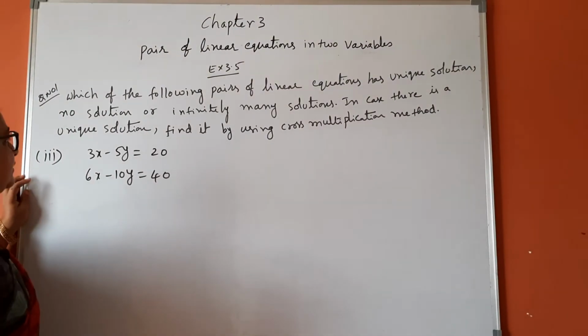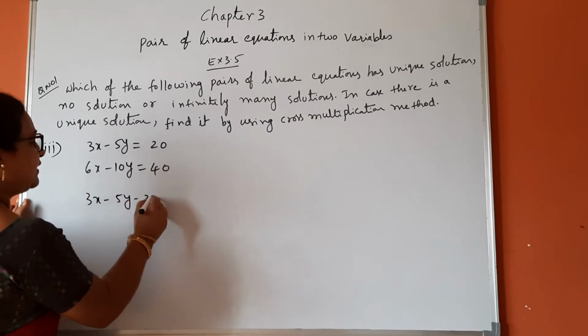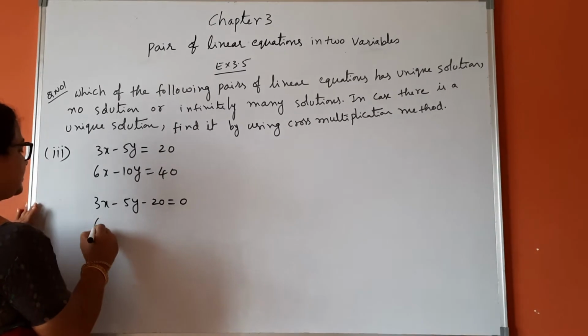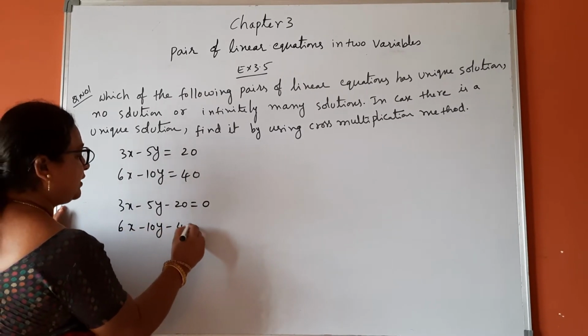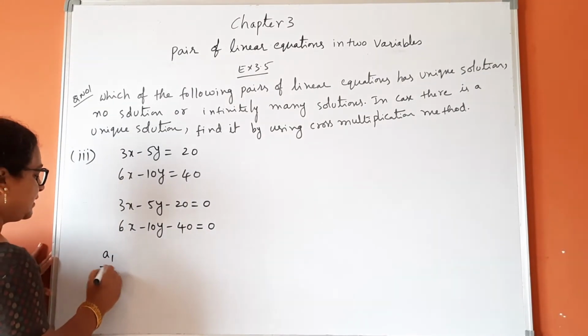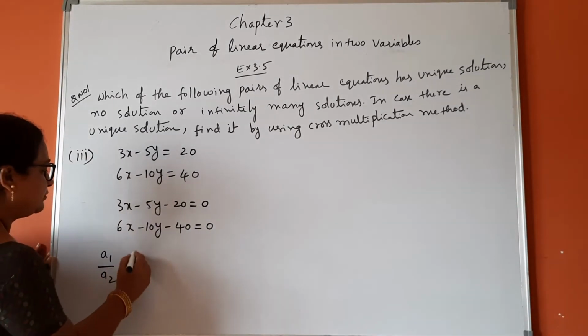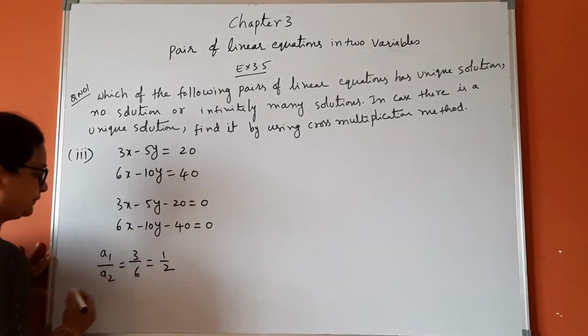Third sum, the first linear equation is 3x minus 5y minus 20 is equal to 0, and the second linear equation is 6x minus 10y minus 40 is equal to 0. Then a1 by a2 is equal to 3 by 6, that is equal to 1 by 2.